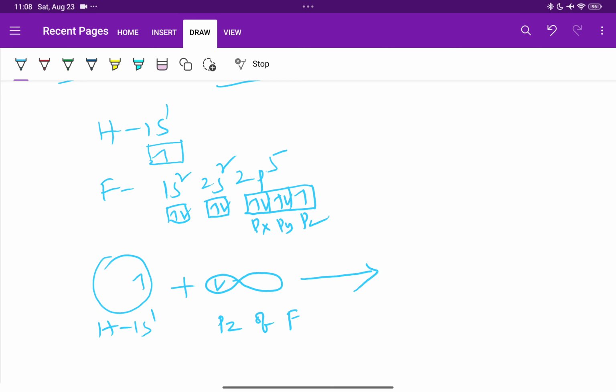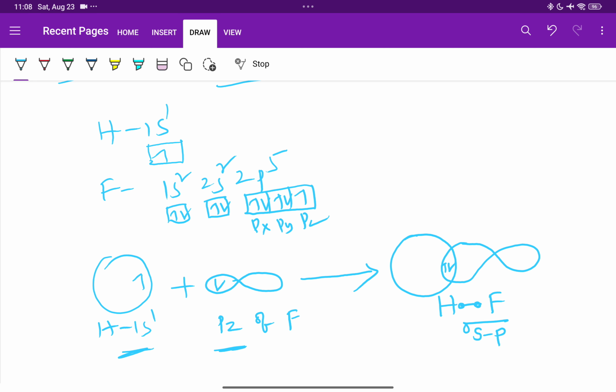So here hydrogen s orbital, fluorine pz orbital, end-end overlapping. So here HF, single bond in between the hydrogen and fluorine, which is equal to sigma sp overlapping.